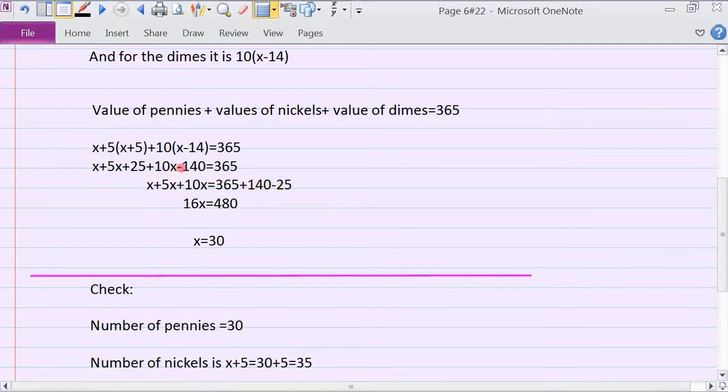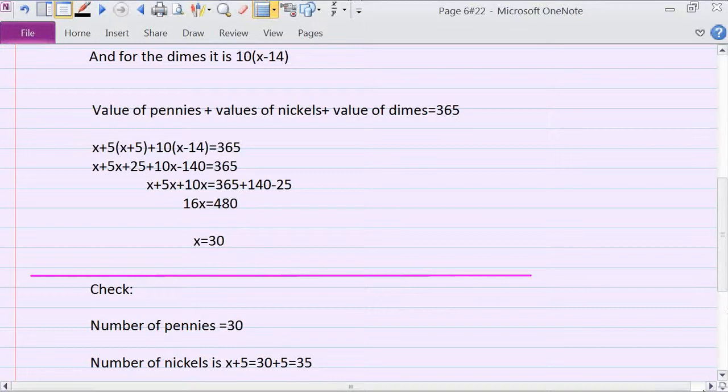Plus 25 becomes minus 25. Minus 140 becomes plus 140. And if I add these and then subtract this, I get 480. So 16x equals 480. So x equals 30.